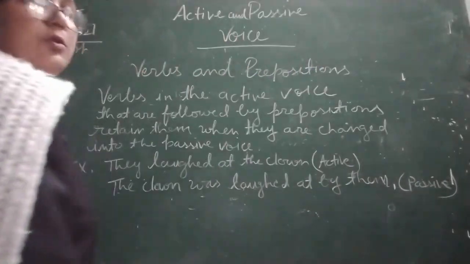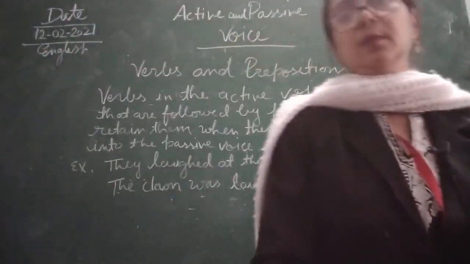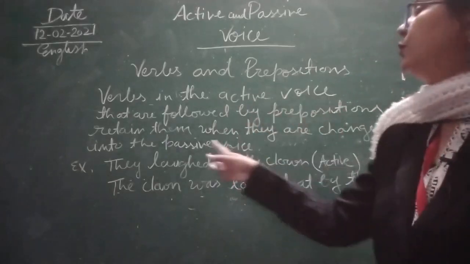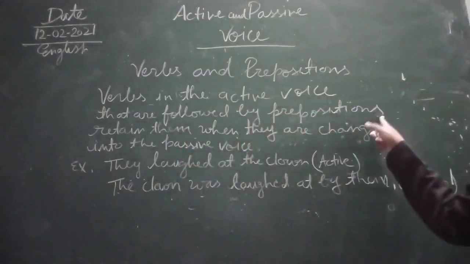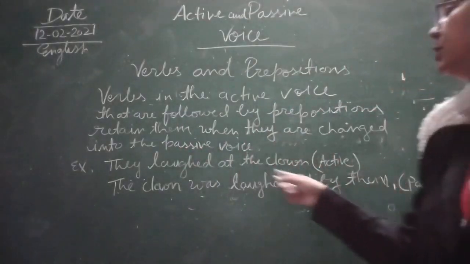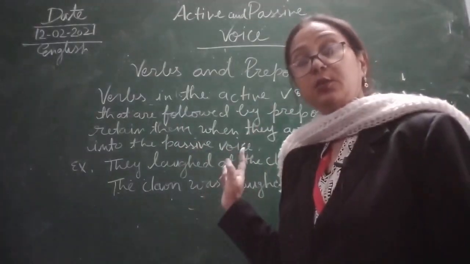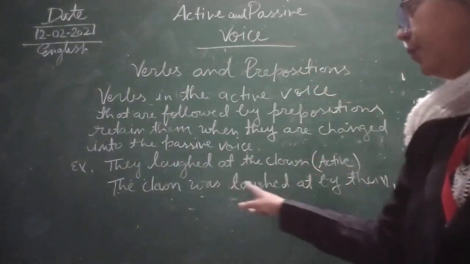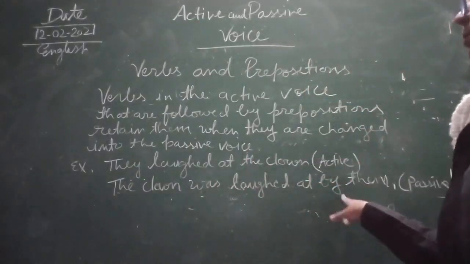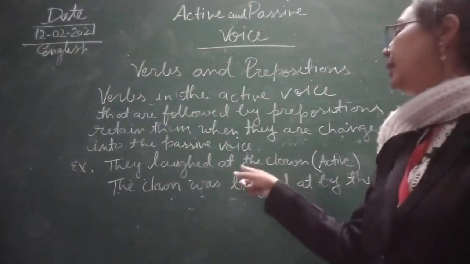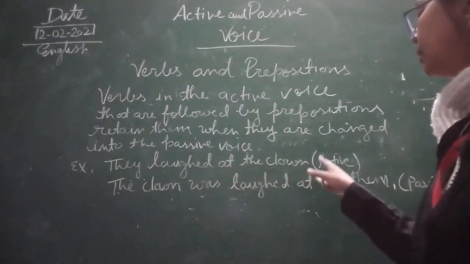So what change have you noticed? You have noticed over here that verbs in the active voice that are followed by a preposition retain them when they are changed into passive voice. Here you can see the verb is followed by the preposition at the clown.